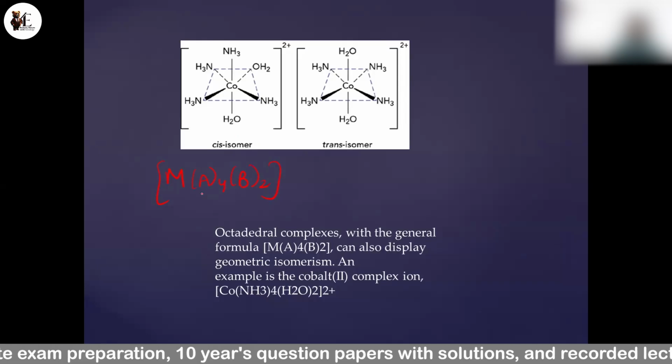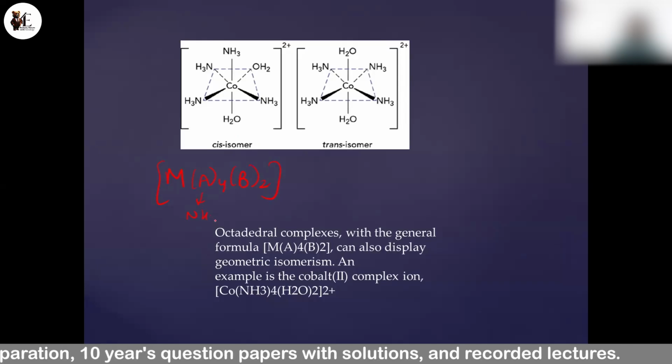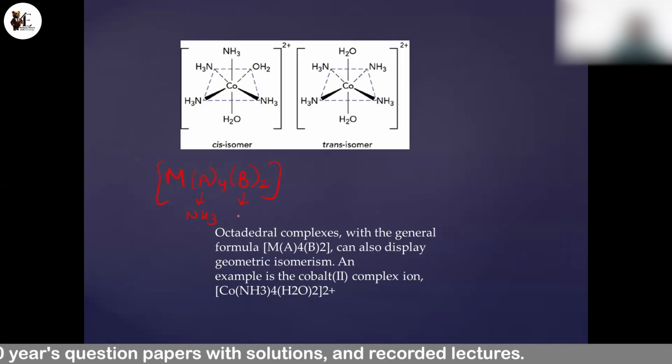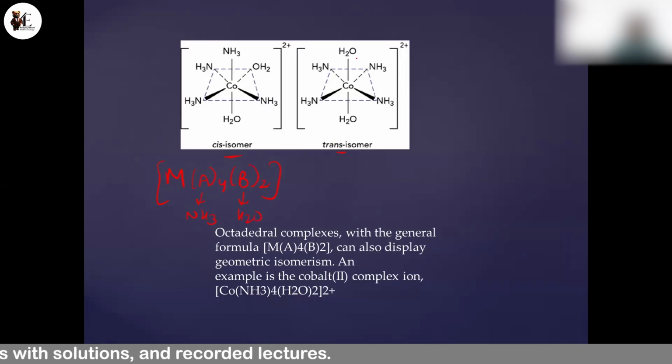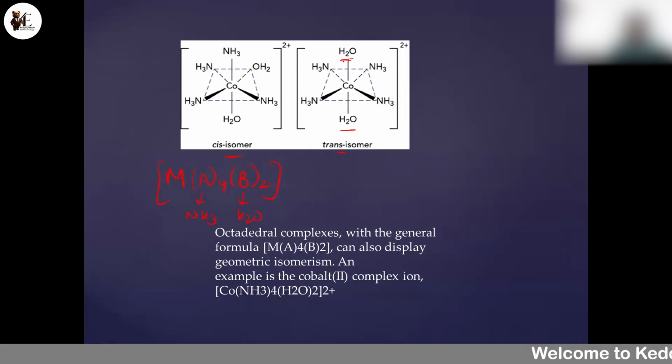So A is which ligand? NH3 here in the diagram, and D is which ligand? Water. So this is a cis isomer, this is trans, because the H2O are on opposite faces, so it is trans. Trans means where an H2O is at the opposite position, and where H2O is not at the opposite position, it is the cis complex.